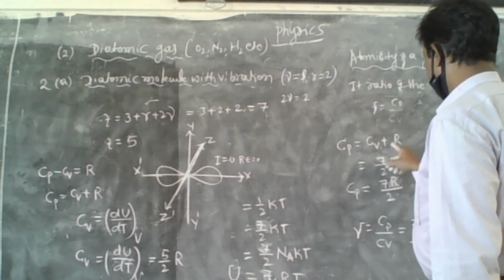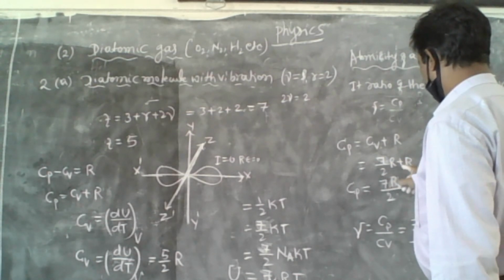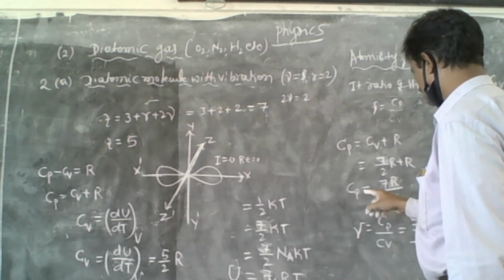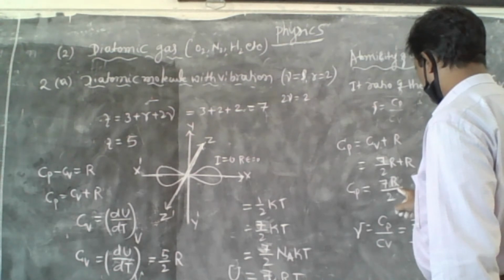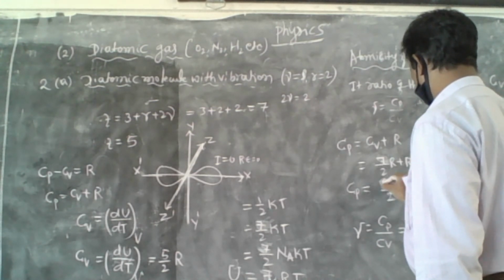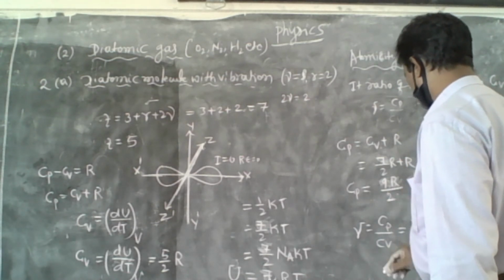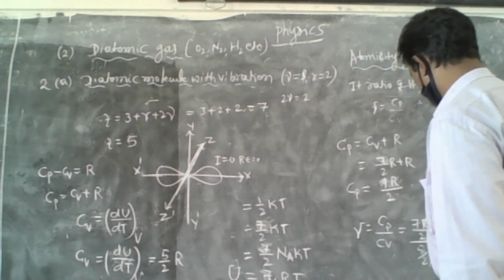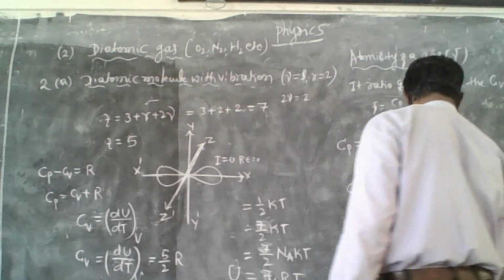Cp is equal to Cv plus R, 7/2 R plus R, that is equal to 9R/2, and Cp by Cv is equal to 9R/2.